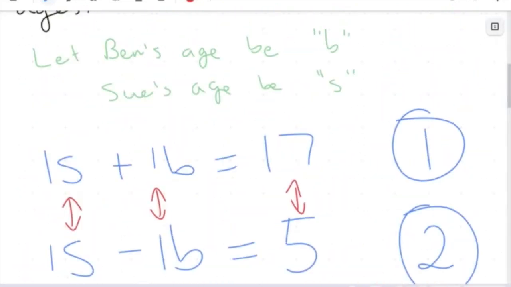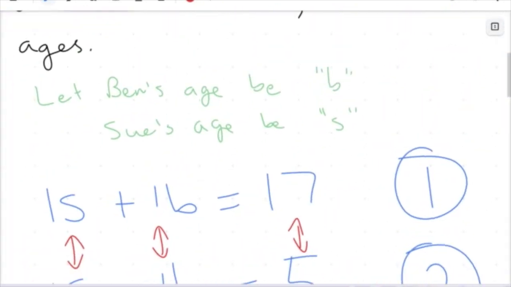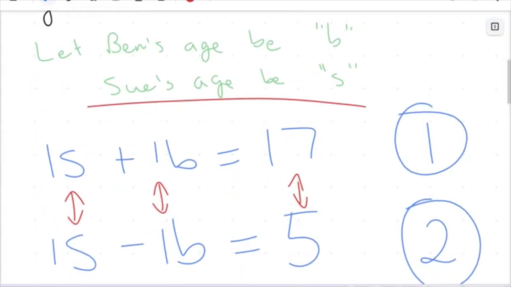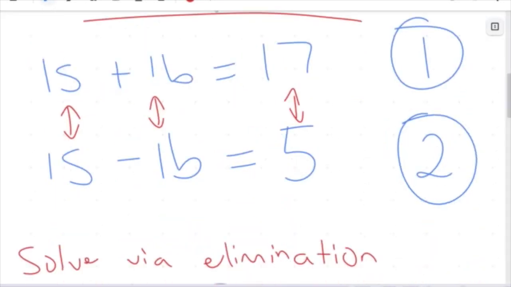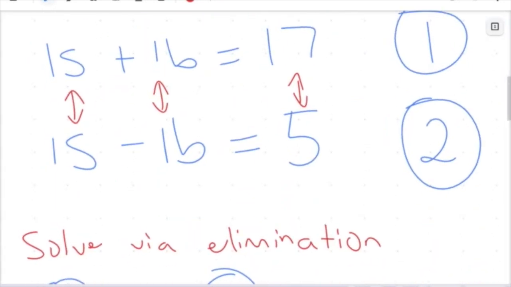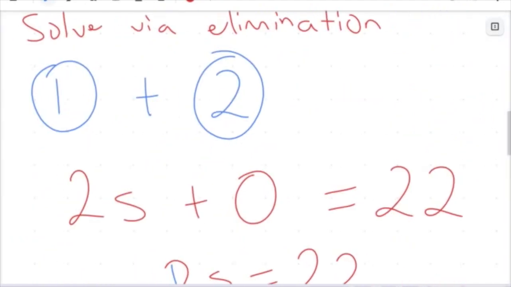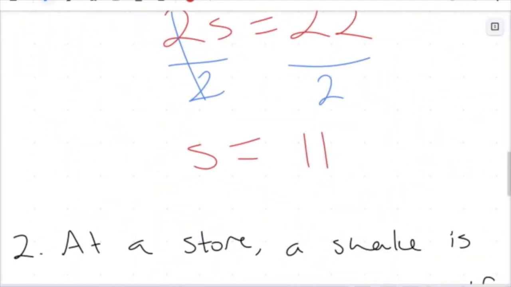Well, S is Sue's age from this line here. And now that we have S, we can substitute it into either one of these equations. Now I'm going to substitute it into the first one. So what we're going to do here is sub S equals 11 into equation 1.